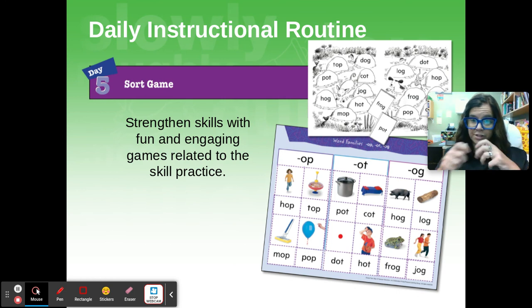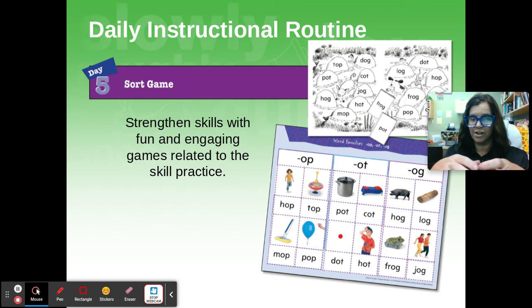sort quickly. The other thing that I often did as a game was, I would put the kids in groups of 2 or 3 or 4, and I would have them bring the words that they found out in the world the day before, and they would create a large sort together, where they sorted together the words that they had for the week, but then they put their words in the center.